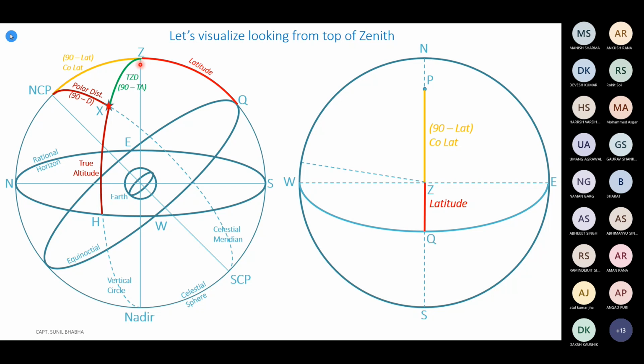From the Z point, if you draw a vertical circle passing through the body, that is star X, from the zenith passing through the body, going up to the rational horizon to point H and going up to the nadir, this is the vertical circle passing through the body.